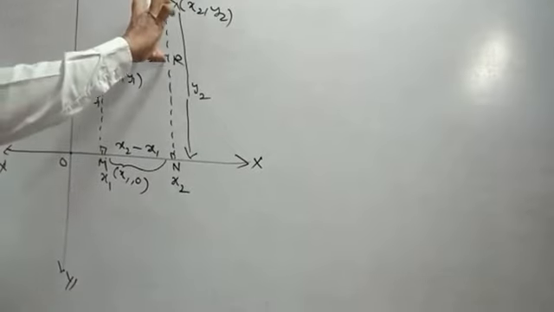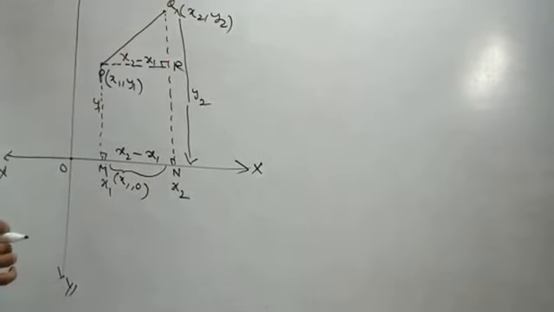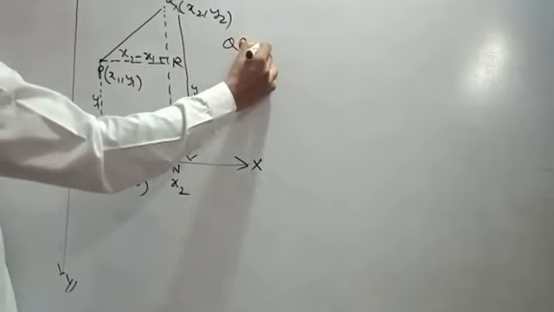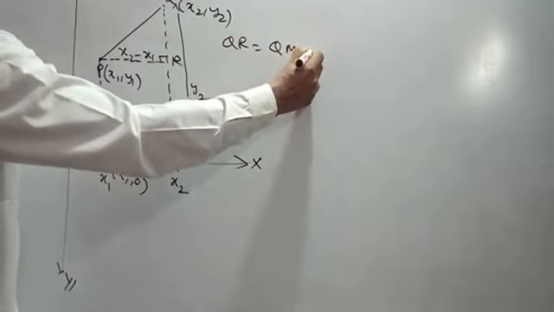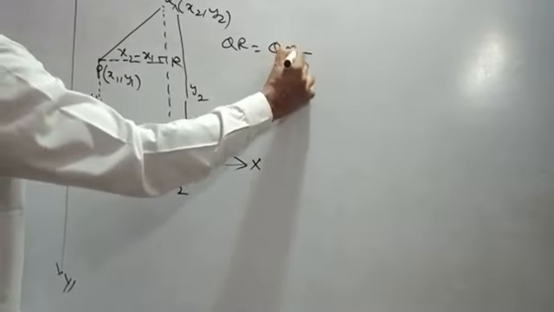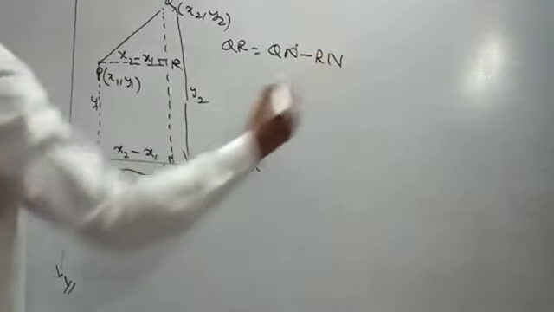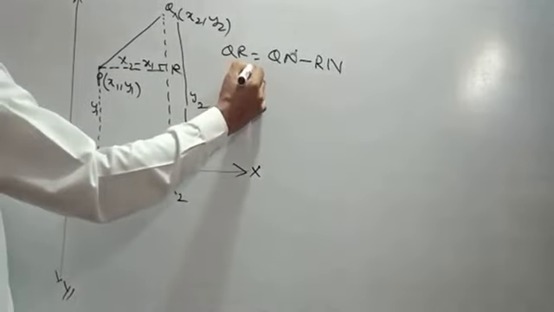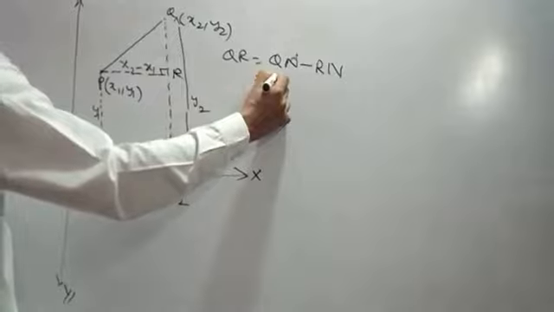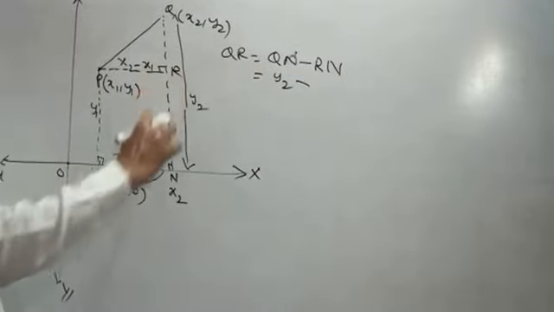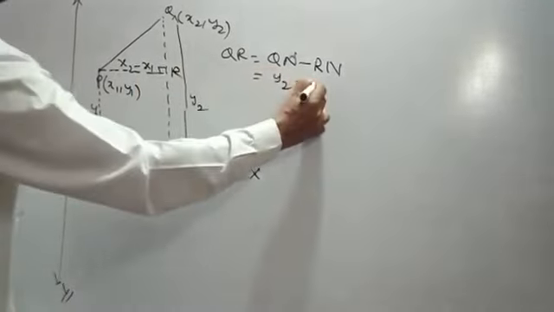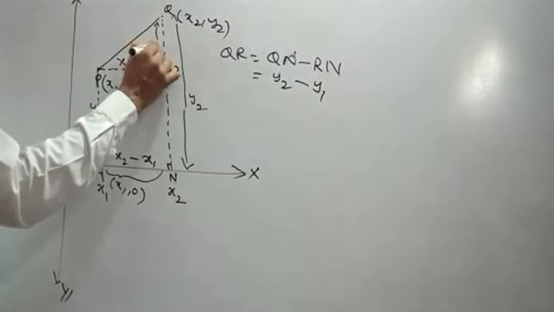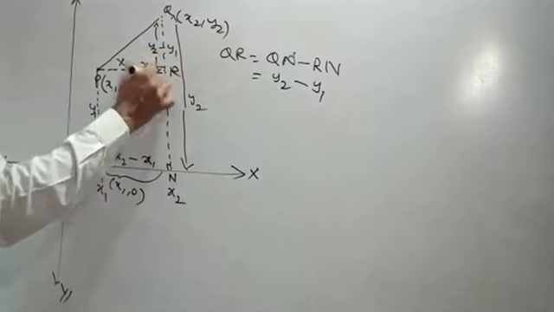If I want to find the distance QR, QR is nothing but QN minus RN. QN is y2 and RN is nothing but PM, that is y1. Therefore QR is y2 minus y1.